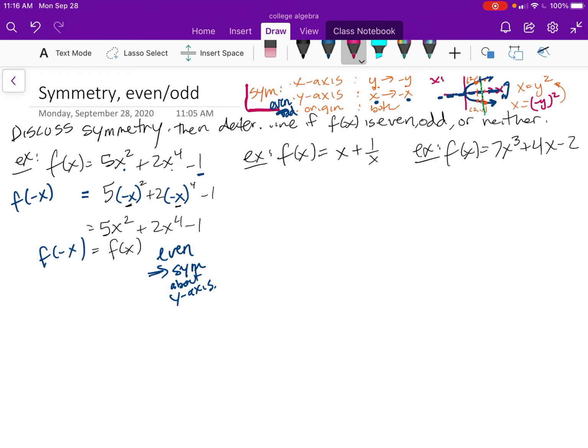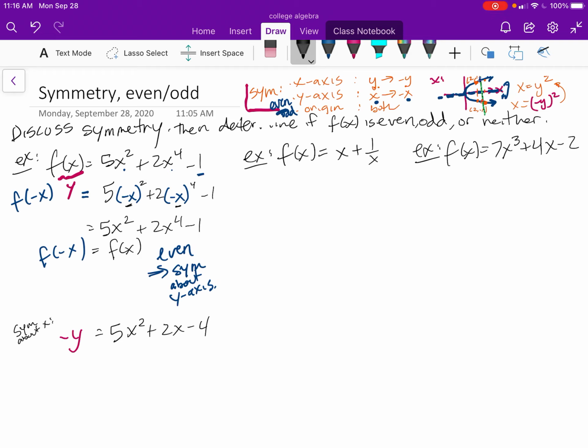So to check for the x, it says substitute -y for y. So f of x is y, right? That's another way to write y. So if I wrote -y there, and then I solved, right? I'm testing for symmetry about x.